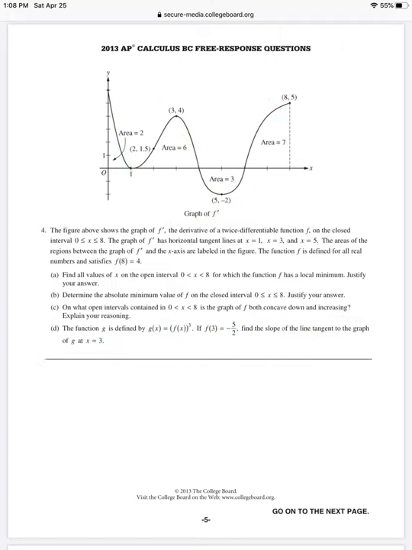All right. Part D. The function g is defined by this. G of x equals f of x to the third power, where f of 3 equals negative 5 halves. Find the slope of the line tangent to the graph at x equals 3. So they don't want to know the whole line. They just want the slope of the line. What is slope?